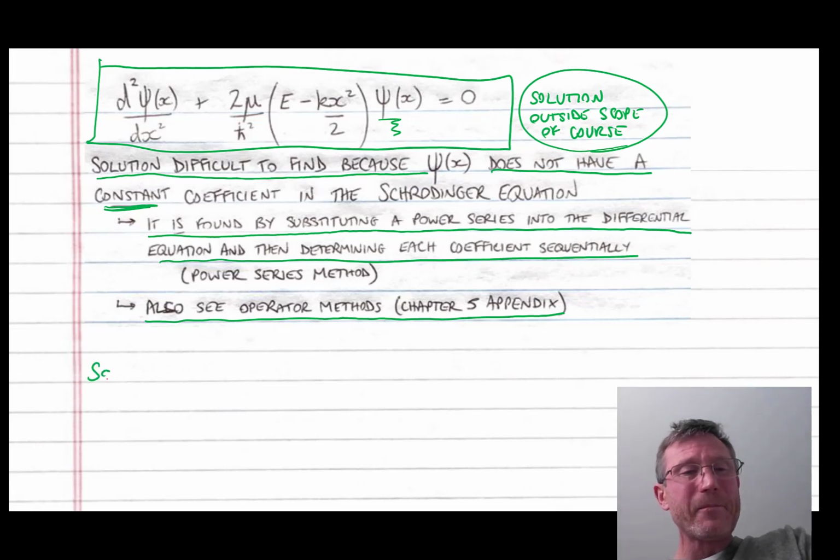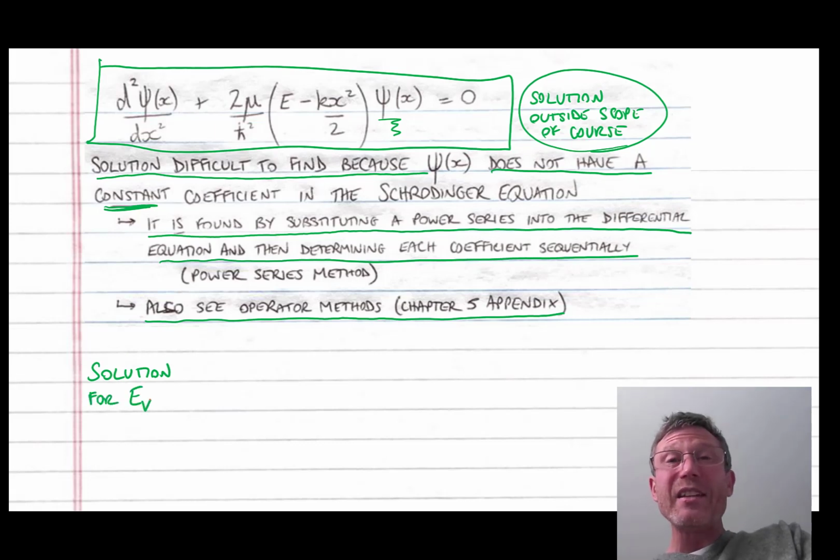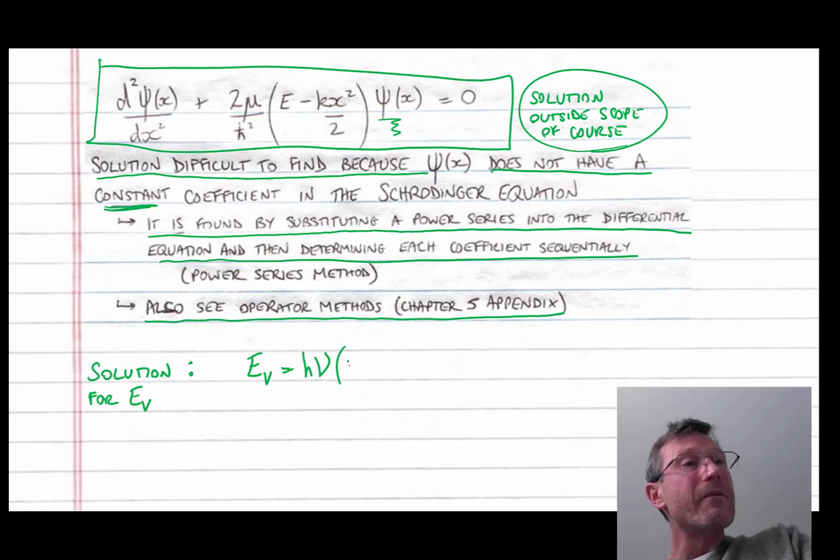So the solution, and I'm going to give you the solution for the energy, and we're going to call it E sub V. The V is the quantum number associated with the vibrations, but the solution for the energy here is E sub V equals h nu times V plus 1/2.